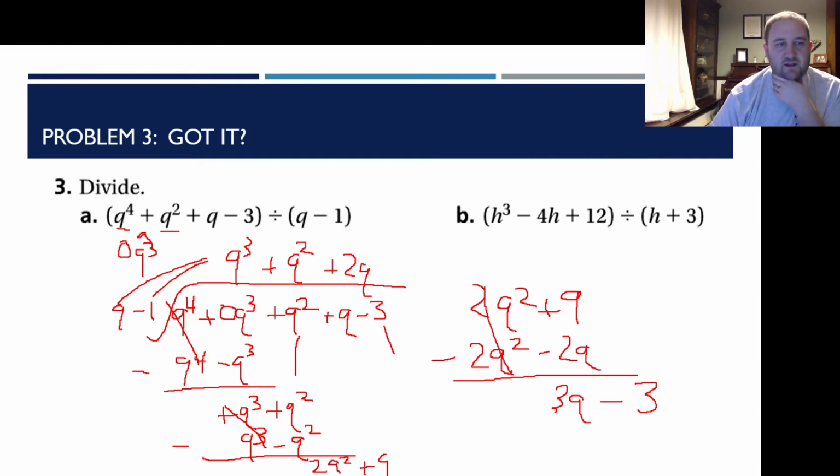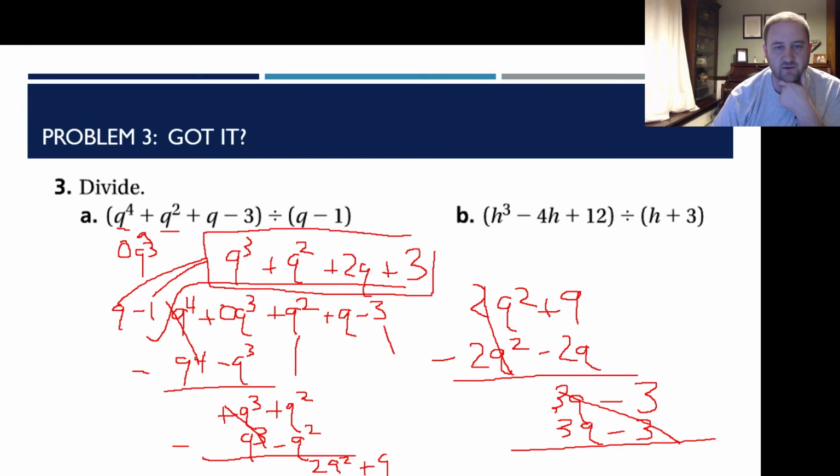And then we want to see last how many times q goes into 3q, and that is a positive 3. 3 times q is 3q. 3 times -1 is -3, and then these eliminate. So we're left with this right here.